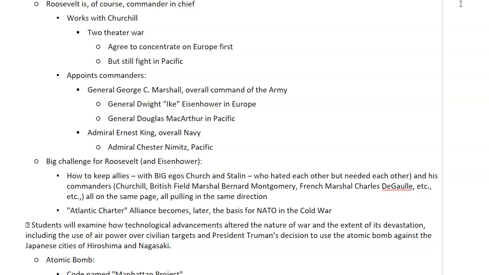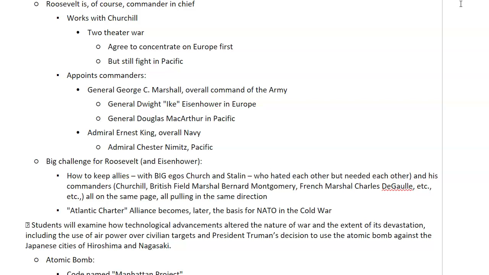FDR appoints commanders. They probably will not ever ask the names of these guys, but I just mentioned them. So General George C. Marshall, overall command of the U.S. Army. He stays in Washington throughout the war. He's in charge of organizing the whole thing. Dwight Eisenhower, known as Ike, is put in command of the U.S. forces in Europe.